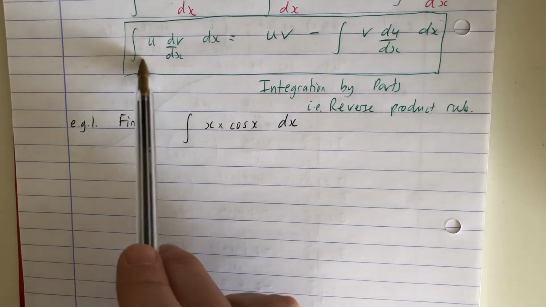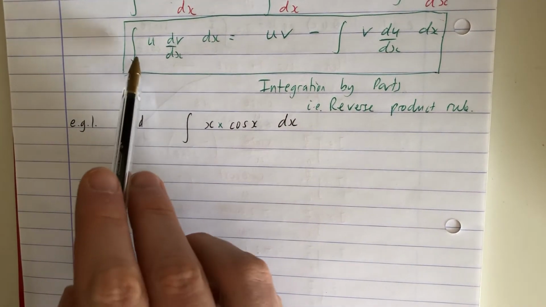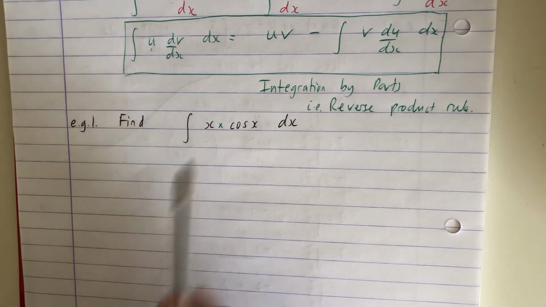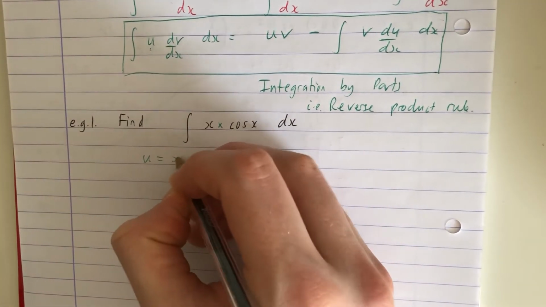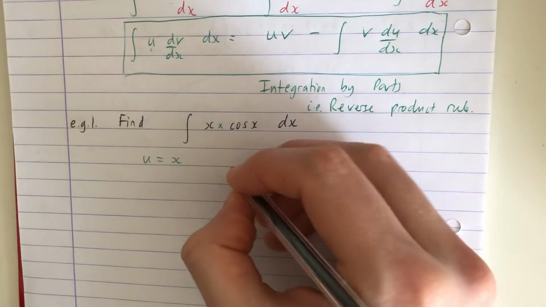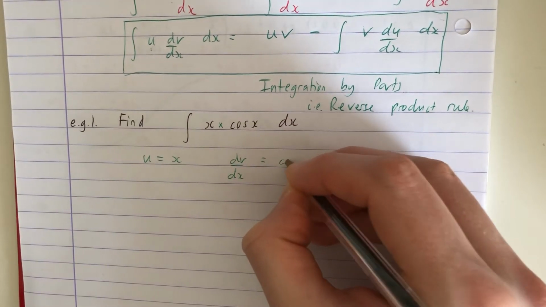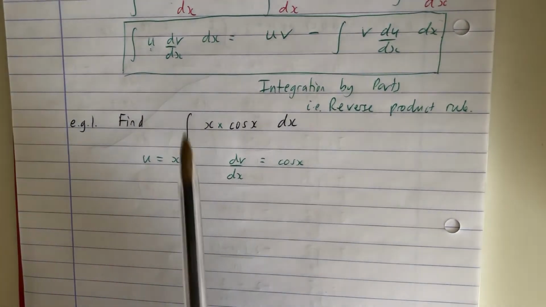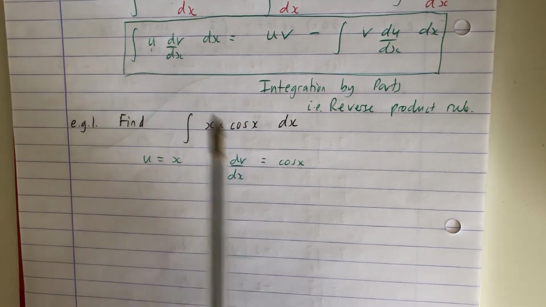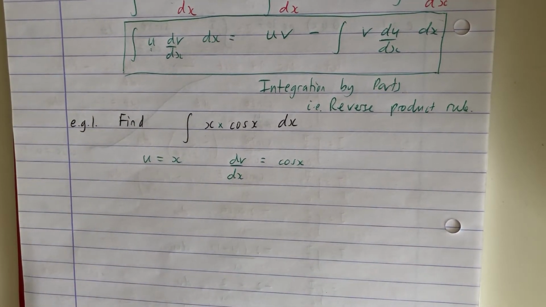So comparing this to this formula, if you just go by the order, then the letter u would actually match up with this letter x. So u is equal to x. And then the second thing is equal to dv by dx. So dv by dx is equal to cos x. Now it's not guaranteed that the order there will be perfect. Sometimes u is the second thing, sometimes dv by dx is the first thing, but this does work.